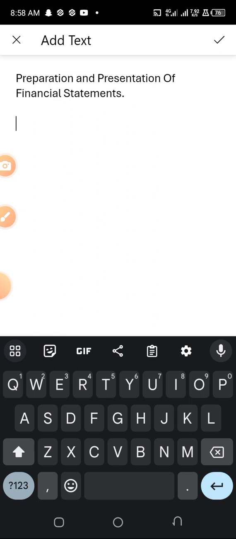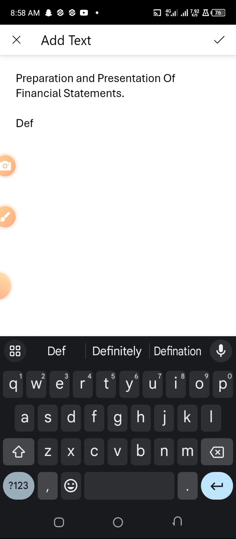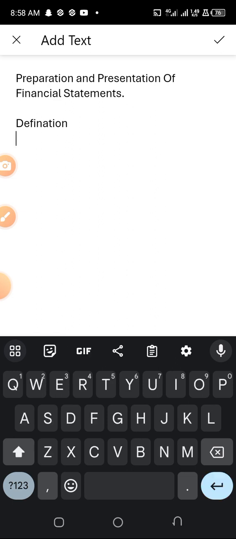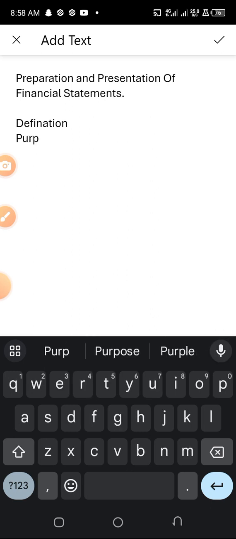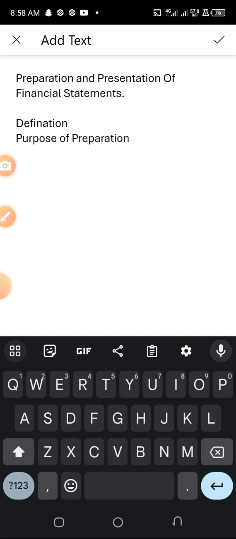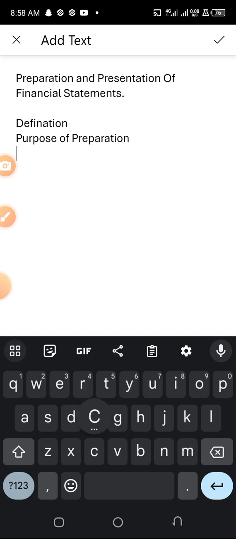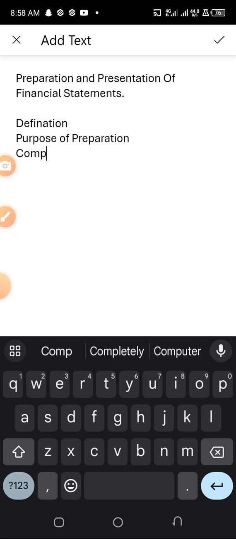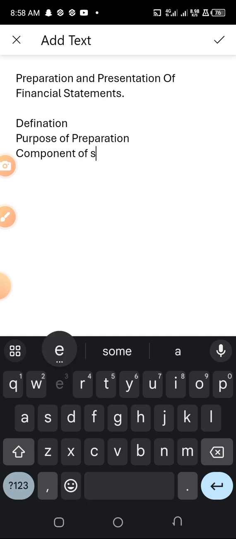We look at the definitions of what financial statements are all about. We look at the purpose of preparation. We also will look at the components, or what we call the sets, of financial statements.